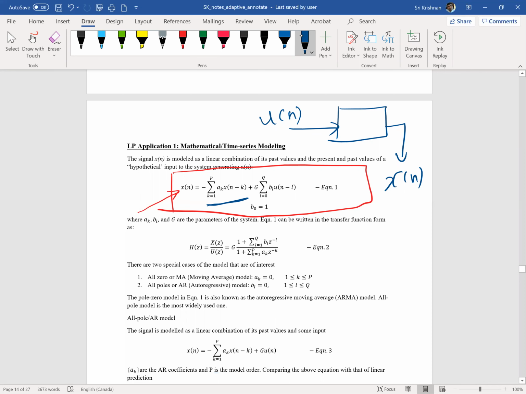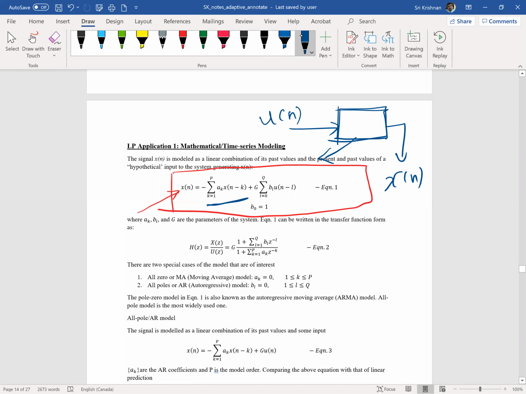Now we are modeling the whole system, which triggers your input in the biomedical context, and the signal that we are sensing at the body, with a system or a filter that will have this kind of expression. Basically, we are saying the output of the filter x[n] is nothing but the past values of the output of the filter plus the hypothetical input.